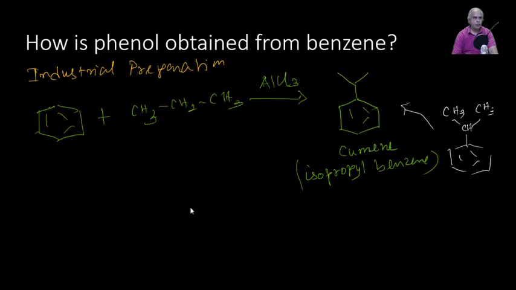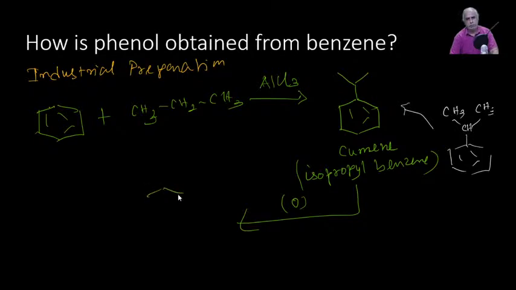Okay, so isopropyl benzene, when it is subjected to hydrolysis in presence of acid, not first, you have to oxidize, then hydrolysis follows. Using a suitable oxidizing agent, you are able to get cumene hydroperoxide. Okay, so what is the structure?